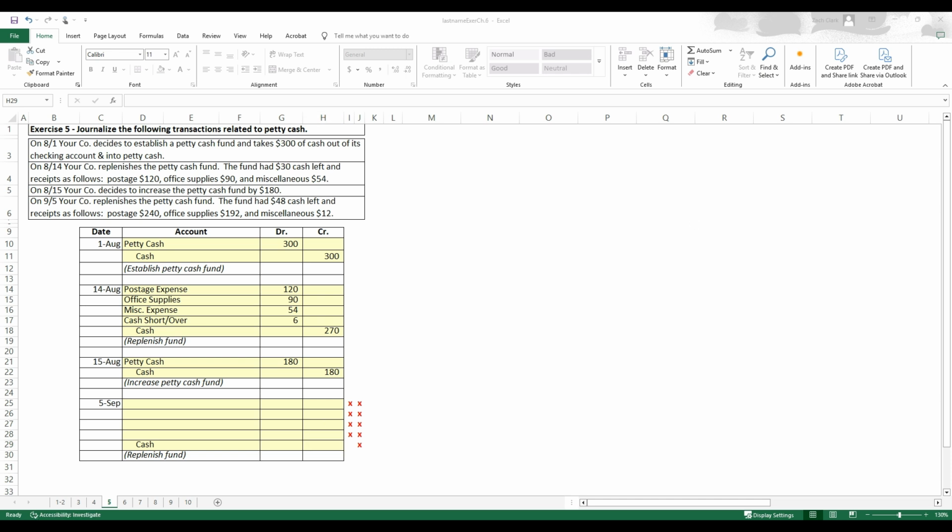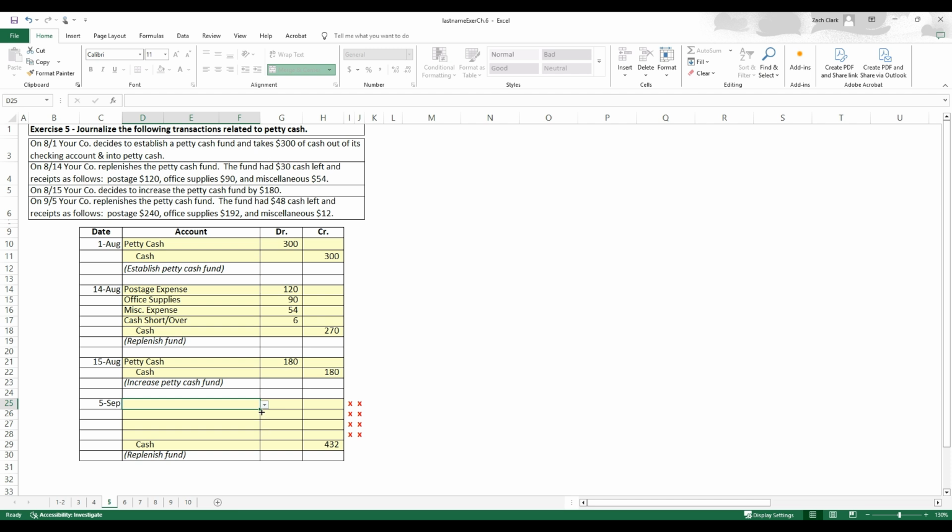We had $48 left. It should have 480 now. So the difference between 480 and 48 is 432. So we're going to put $432 back into the petty cash fund. And what we need to do is credit or reduce our normal cash account.